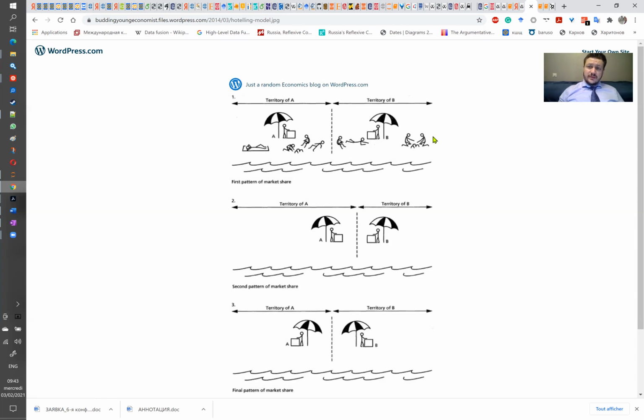In this game, we consider the situation when we have uniformly distributed customers along this beach. So the density is the same all along this beach.